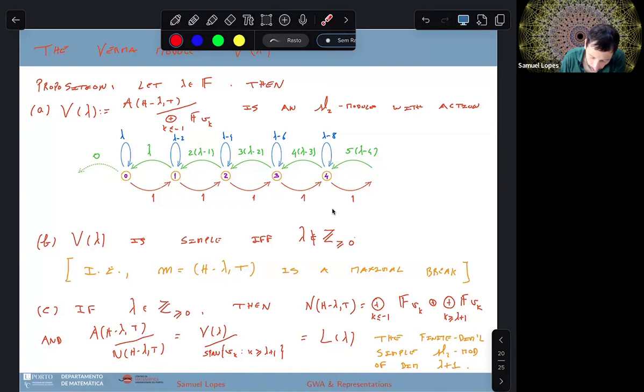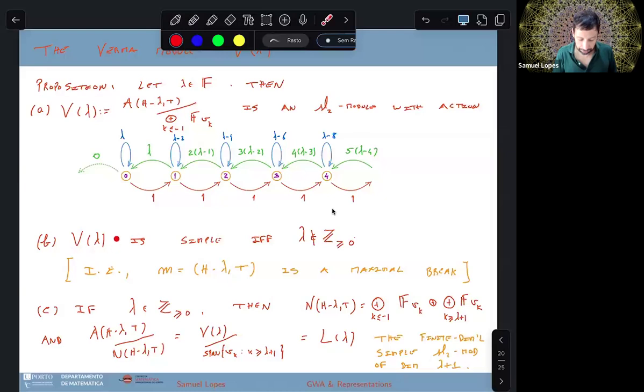So when is this module simple? It just depends on whether any one of these numbers here is equal to 0 or not. How can one of these numbers be 0? Well, lambda would have to be 0 or 1 or 2 or 3 or 4. So lambda would have to be a non-negative integer.